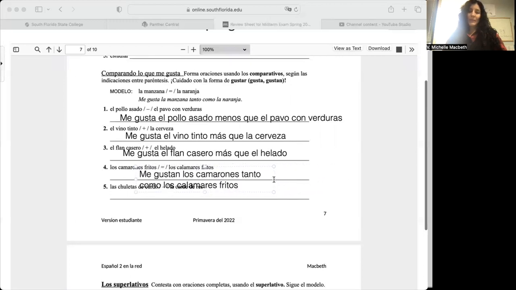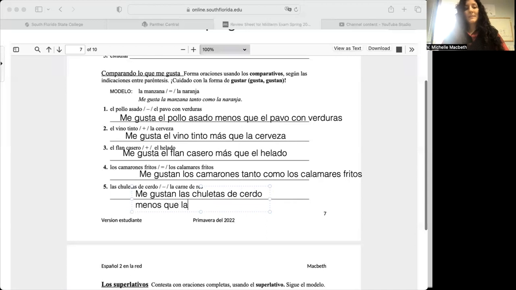Okay. And here we're saying menos, so me gustan las chuletas. Again, chuletas is plural. Oh, I spelled that wrong. I kind of see it.